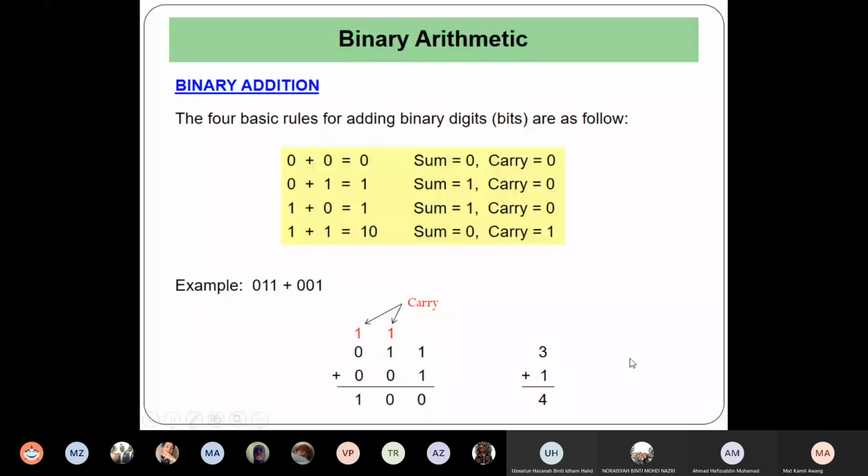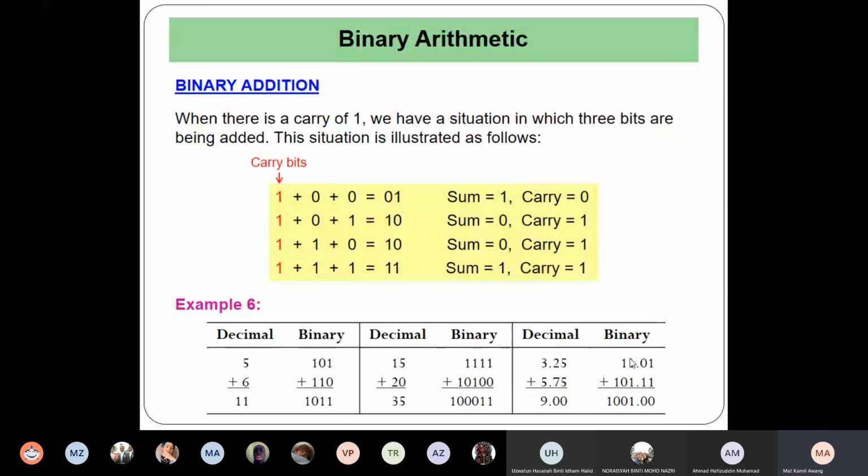Now, when there is a carry of 1, we have a situation in which 3 bits are being added. This situation is illustrated as follows. For example, when you have the carry, like just now, 1 add 0, so the answer is 0, 1. So the sum is 1 and the carry is 0. When 1 add 0 add 1 is 1, 0.